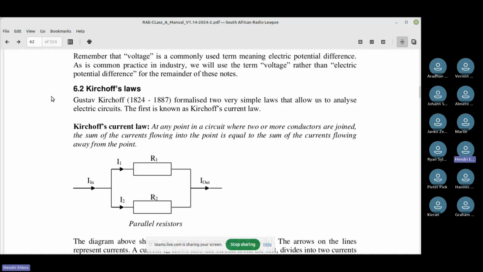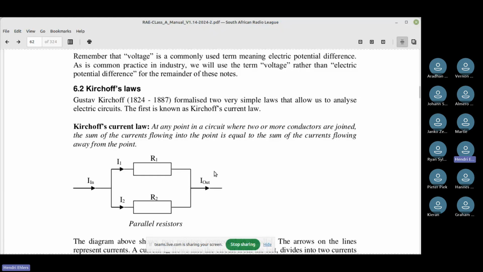Okay, this basically allows us to analyze electric circuits. If you get it wrong, it's a circus. At any point in a circuit where two or more conductors are joined, the sum of the currents flowing into the point is equal to the sum of the currents flowing away from the point.